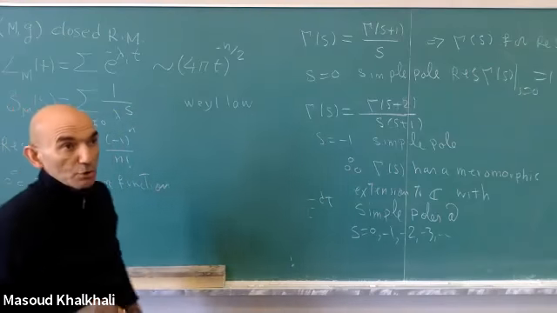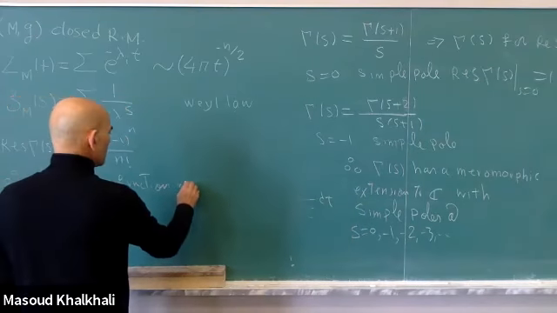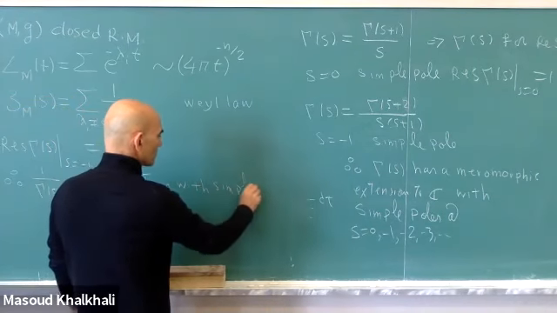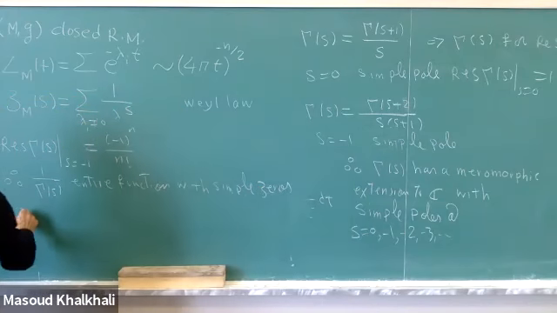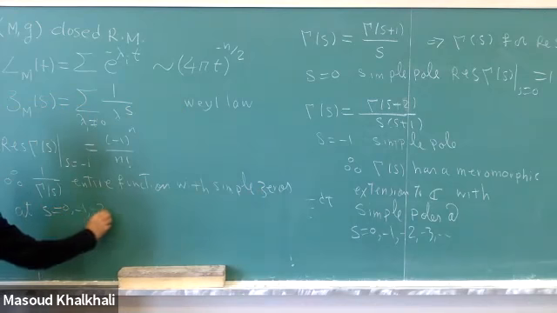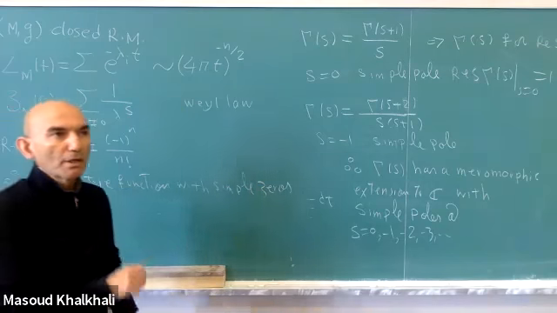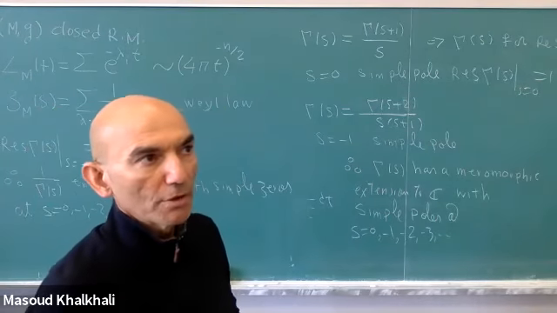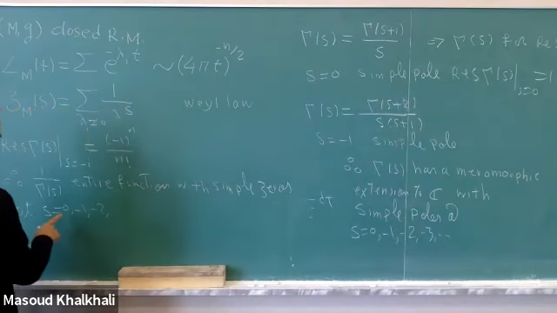It also has simple zeros at s equal to 0, minus 1, minus 2. And it's nowhere else zero because it's 1 over something; unless there is a pole, this function is not going to be 0.